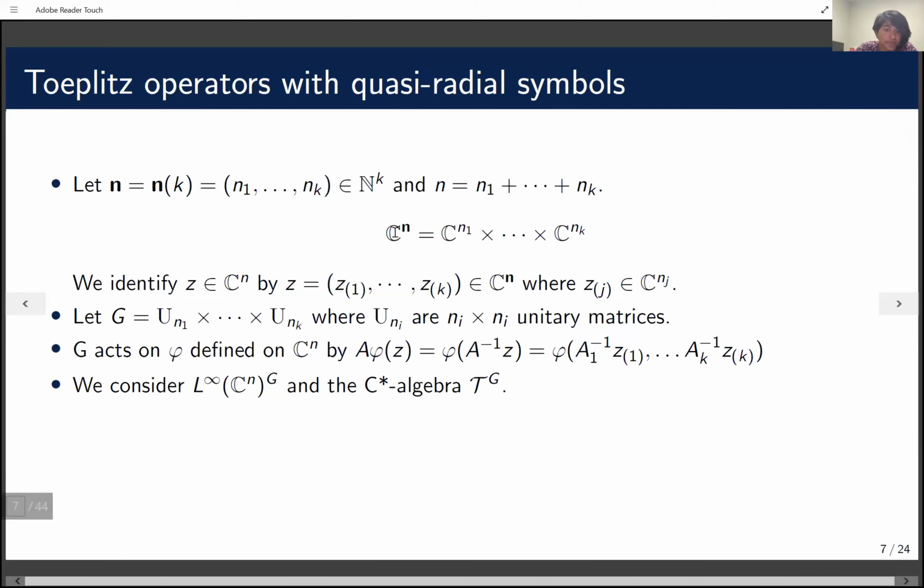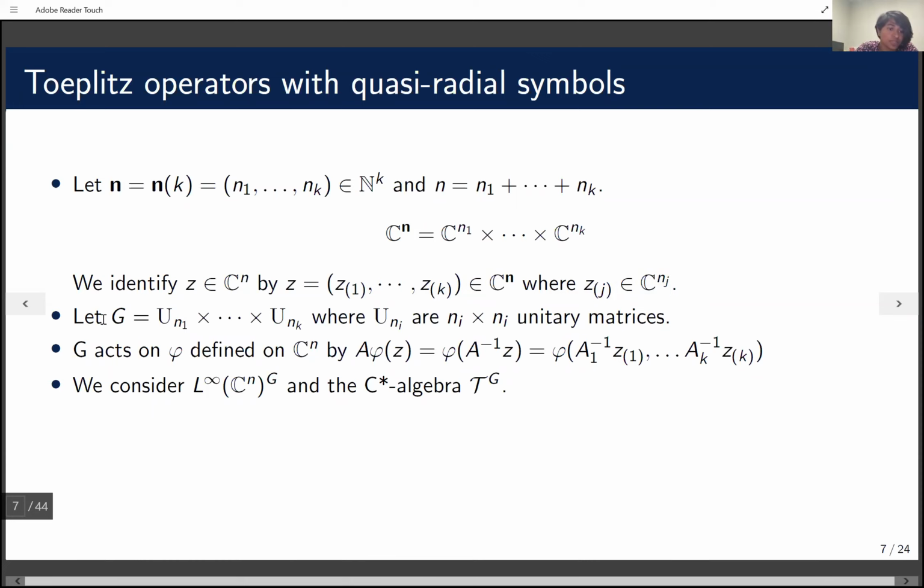We can identify C^n as C^{n1} cross up to C^{nk}. So any z in C^n can be identified with this element, where the z_j's are in C^{nj}.